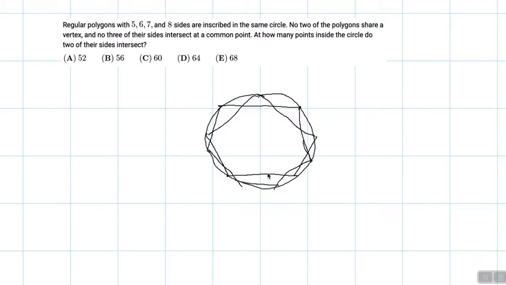Okay. So the endpoints of the hexagon are here. Not the most accurate, but you get the idea.